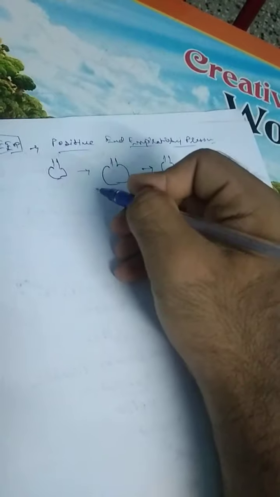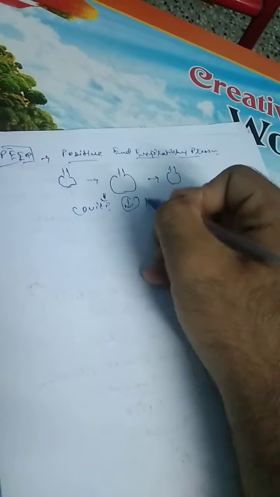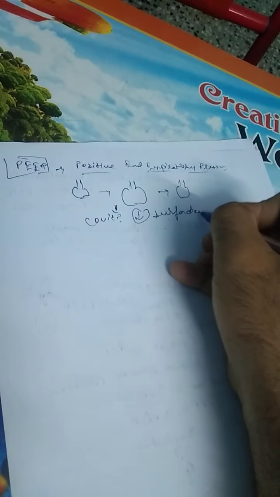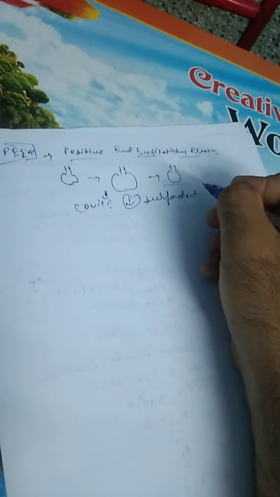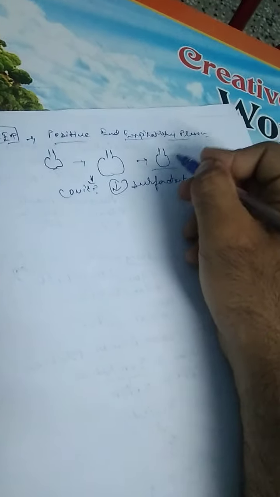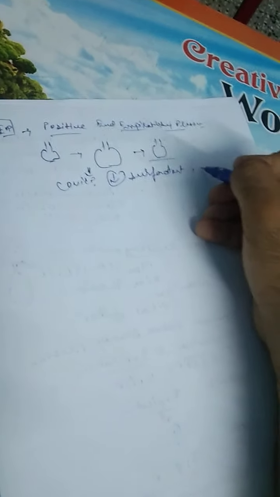So there is a pressure because of the elastic recoil, and the lungs return to their normal state. But because of the disease, which happens in COVID, as I have said, there is a decrease in the lung surfactant. Because of this decrease of the lung surfactant, the alveoli don't come back, they collapse.